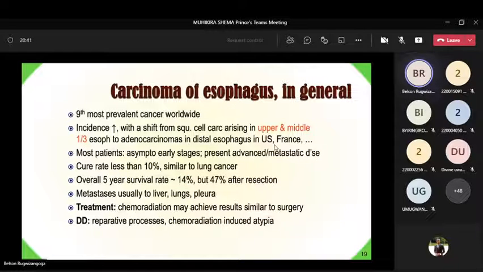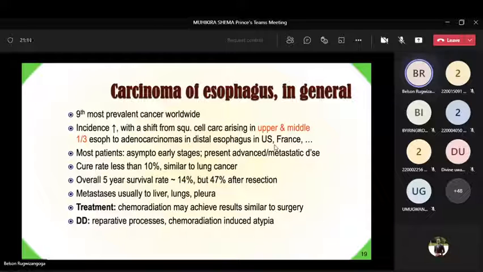For the lower esophagus, it is easier because they can go through the abdomen, but the mid and the upper esophagus is very difficult because, as you know, the esophagus location is just close to the vertebra, so it is not an easy area to access. So it metastasizes usually to the liver, lungs, and the pleura.